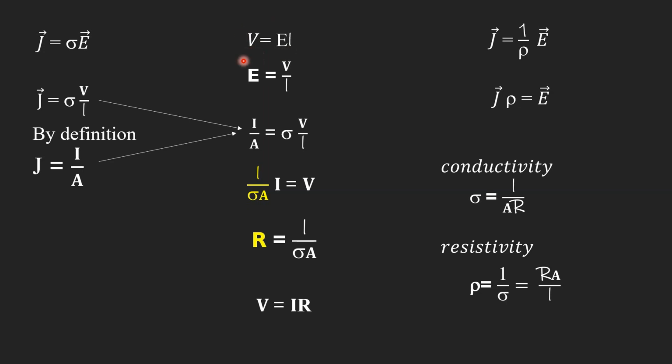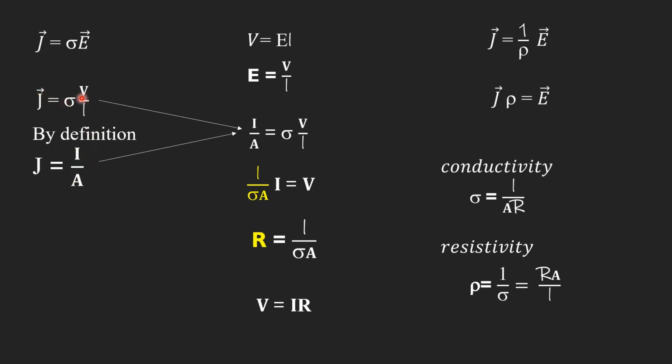In such relation we can write V is equal to E into L. So E can be represented as V by L. Also, by definition of current density, J is equal to I by A. In the previous classes we have dealt with current density; if you want to get clear with it, you can check the videos titled current density, where we discussed the concept more clearly.